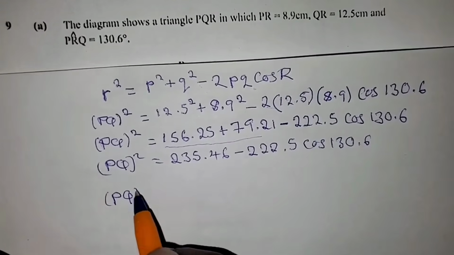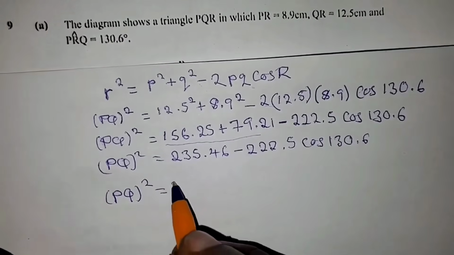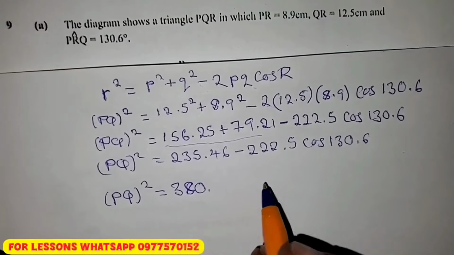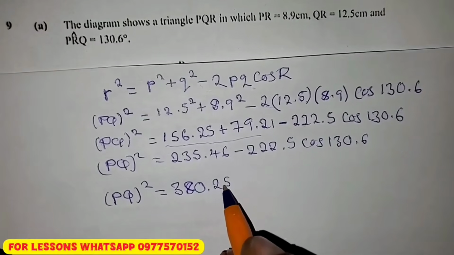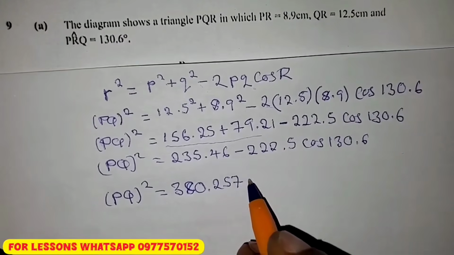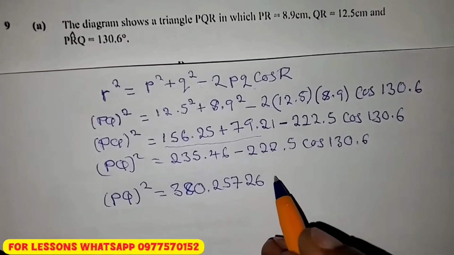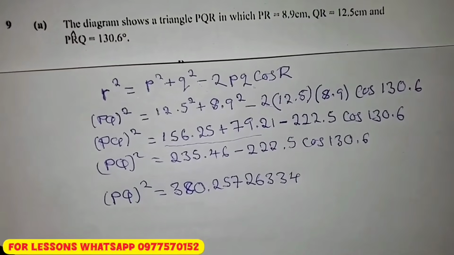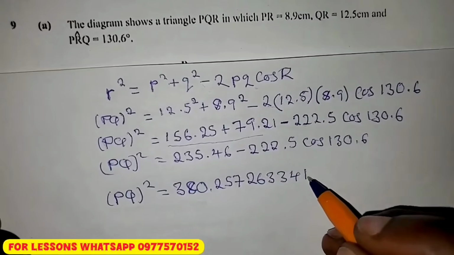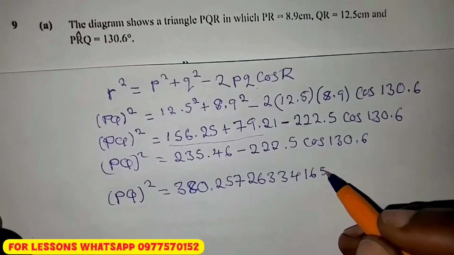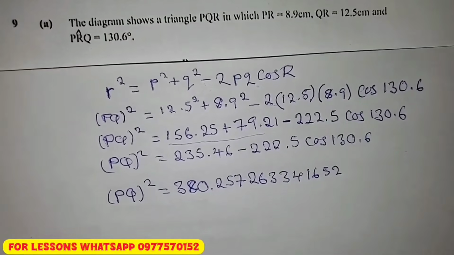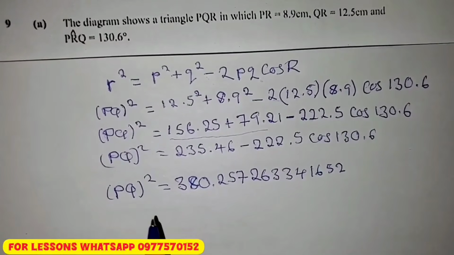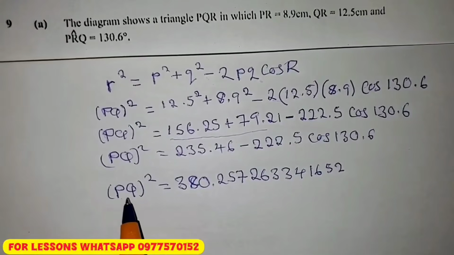PQ squared is equal to 380.25726334 and so on. Then what you do here, guys, we square root. We want to find the value of PQ, not the value of PQ squared.